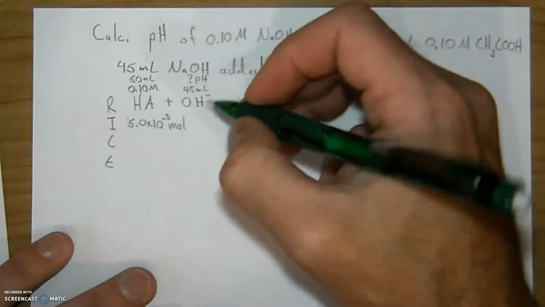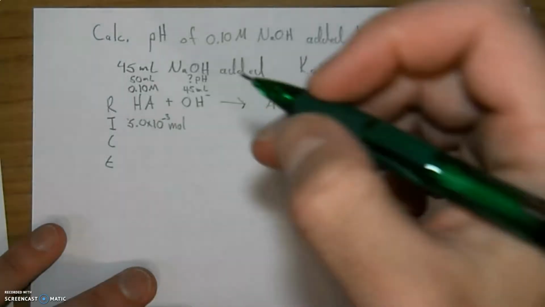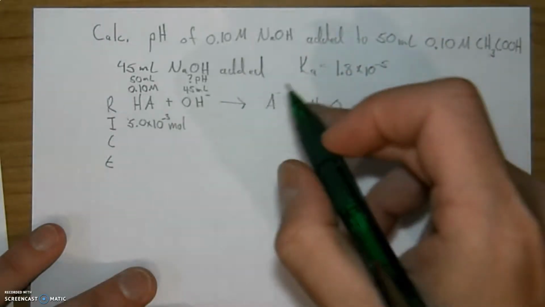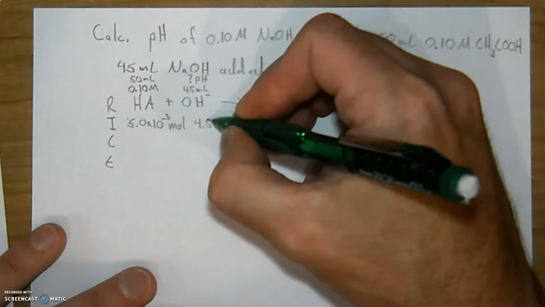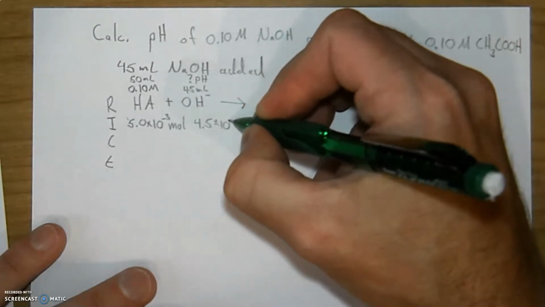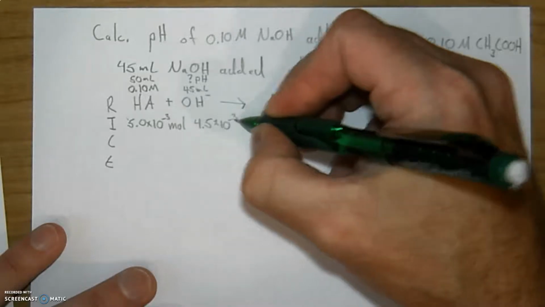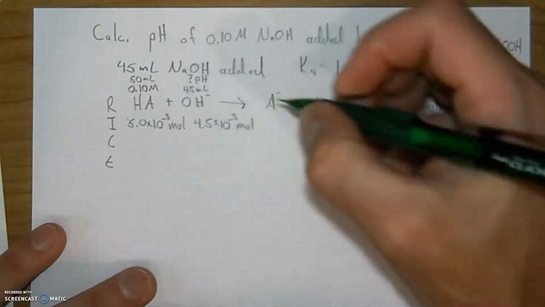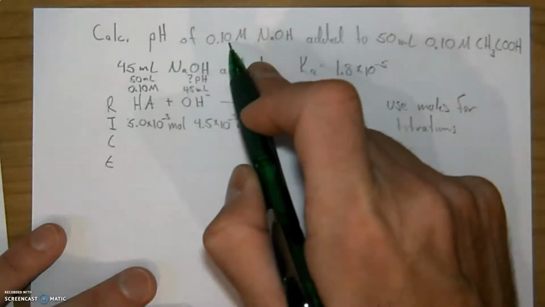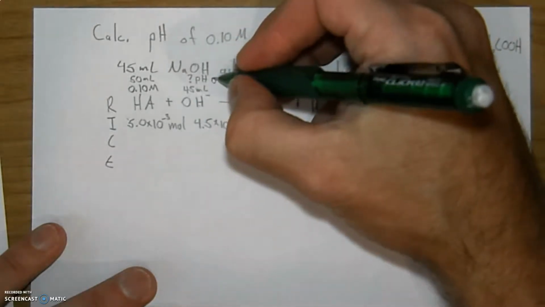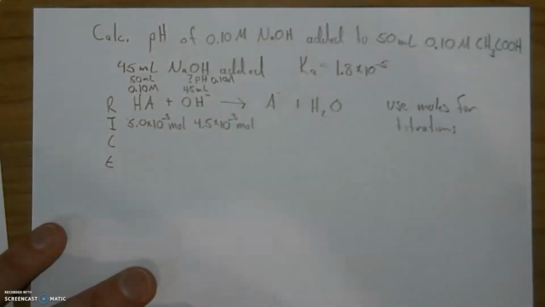For the OH concentration, I'm going to go ahead and throw that in now. Once I've added these two in, I've added this amount. That's, again, multiplying the 45 mL times its concentration. I should have written that up here: 0.1 molar concentration.